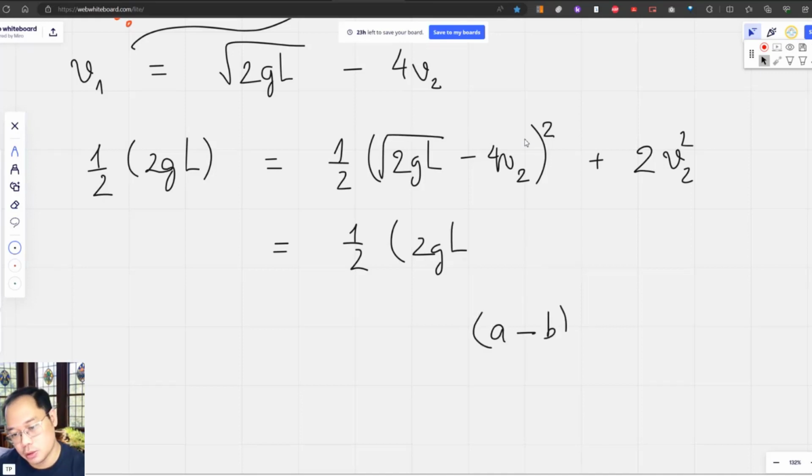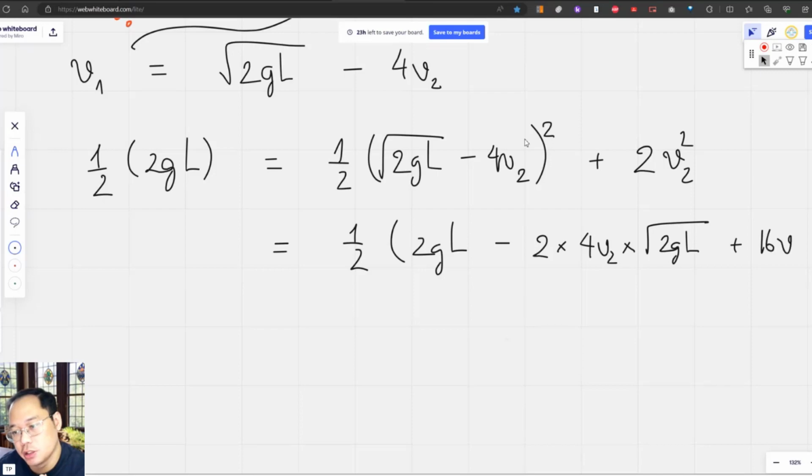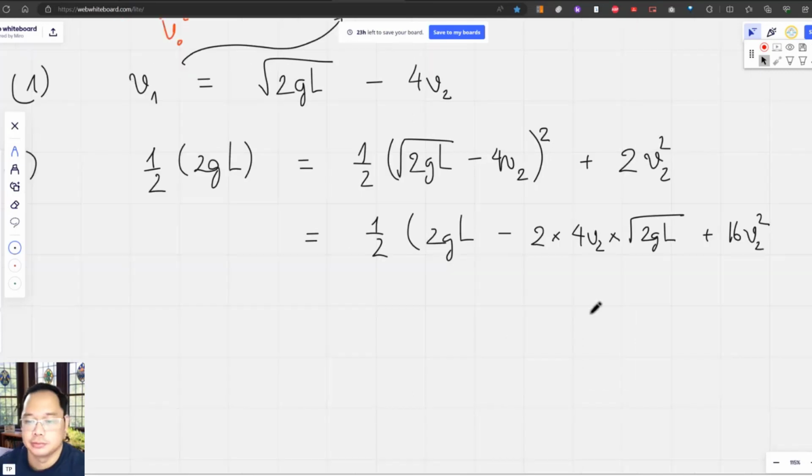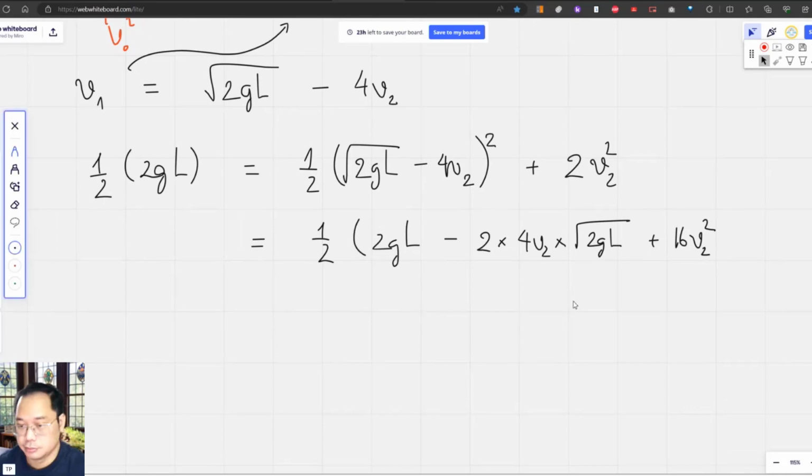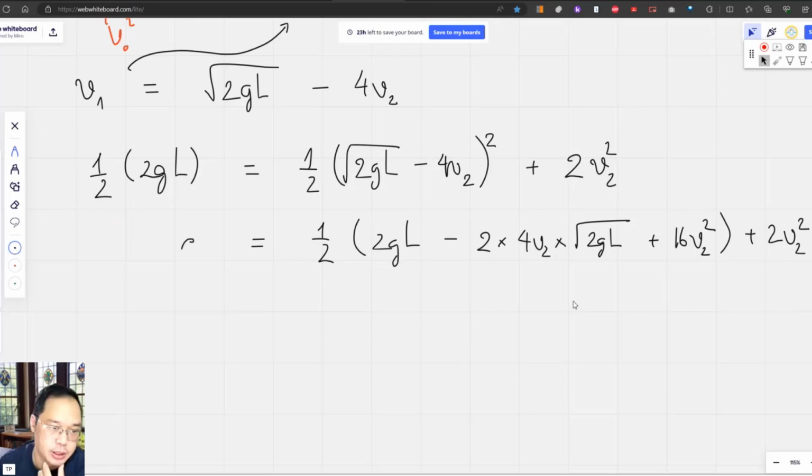Using the identity for (a minus b) squared, the binomial expansion: minus 2 times 4v2 times the square root of 2gL, plus 16 v2 squared. Then plus 2 v2 squared equals 2gL.